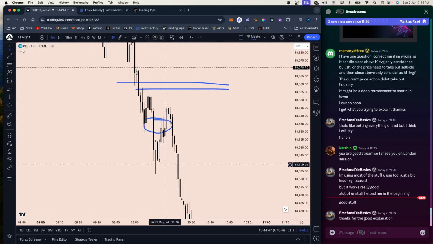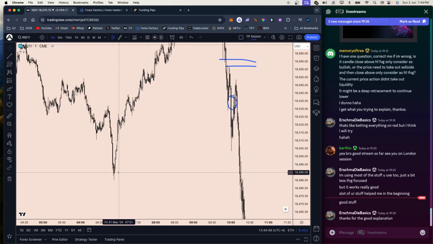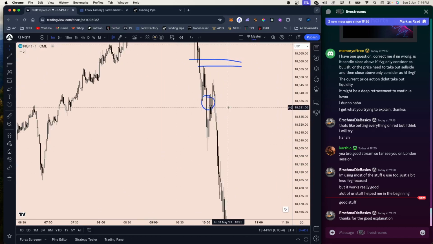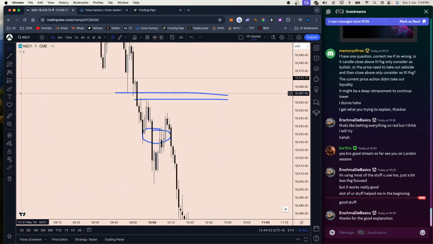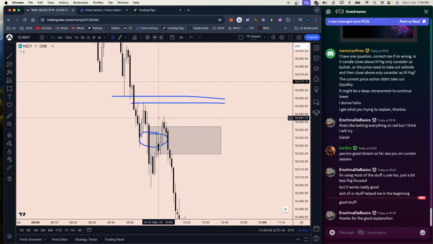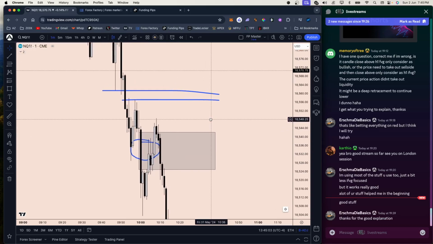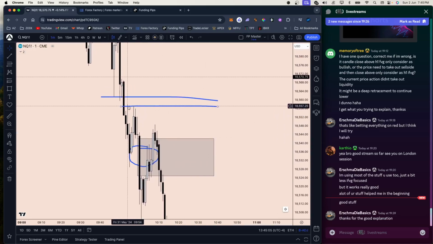Yeah, exactly. So right here, we failed to run out into sell side. So all I saw was this inversion fair value gap, damn, the 1 minute time frame. Entered long on the inversion, paired with this bullish fair value gap, targeting just these highs right here.